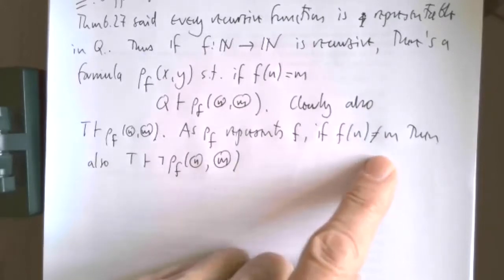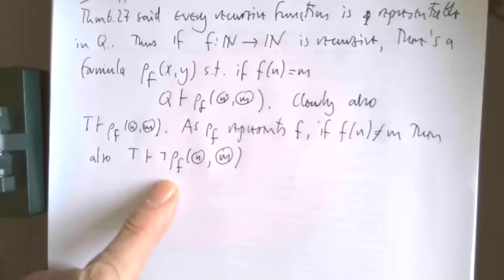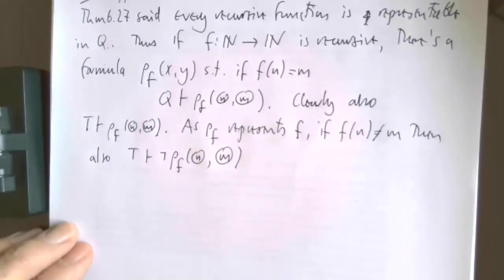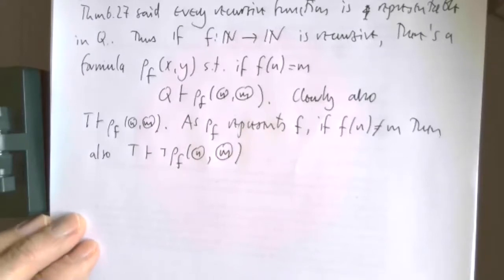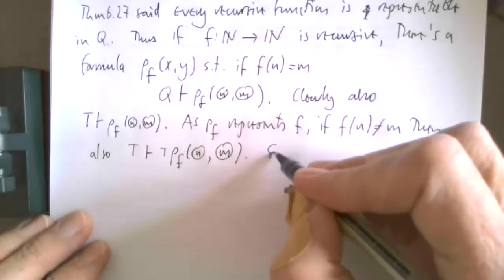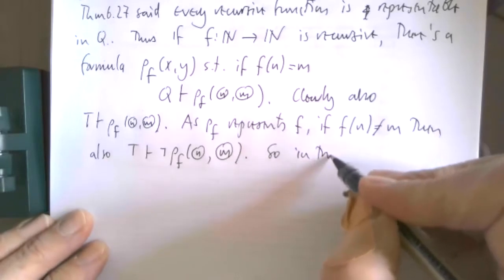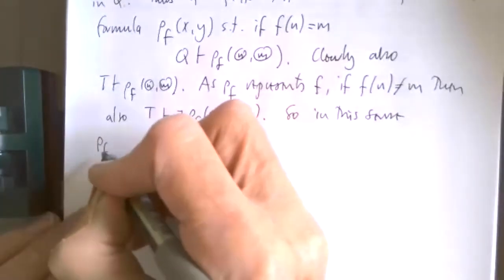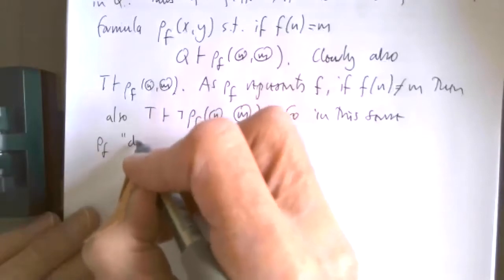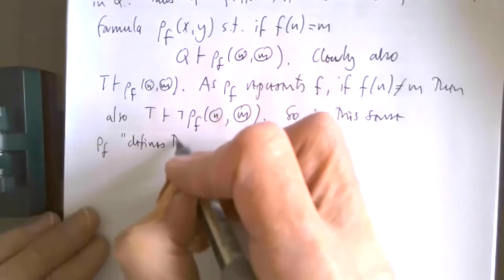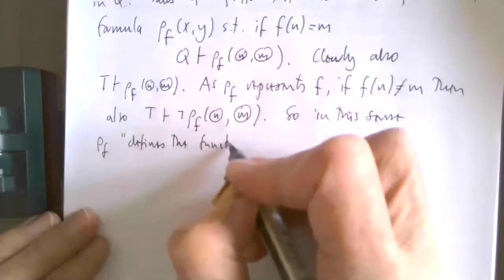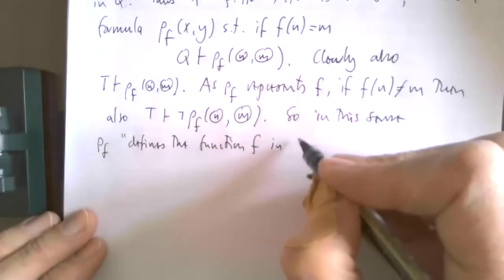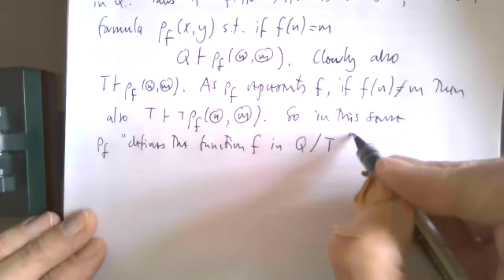So if f of n is not m, we can prove that T proves not rho. So in this sense, rho f defines the function f in Q, or indeed T.